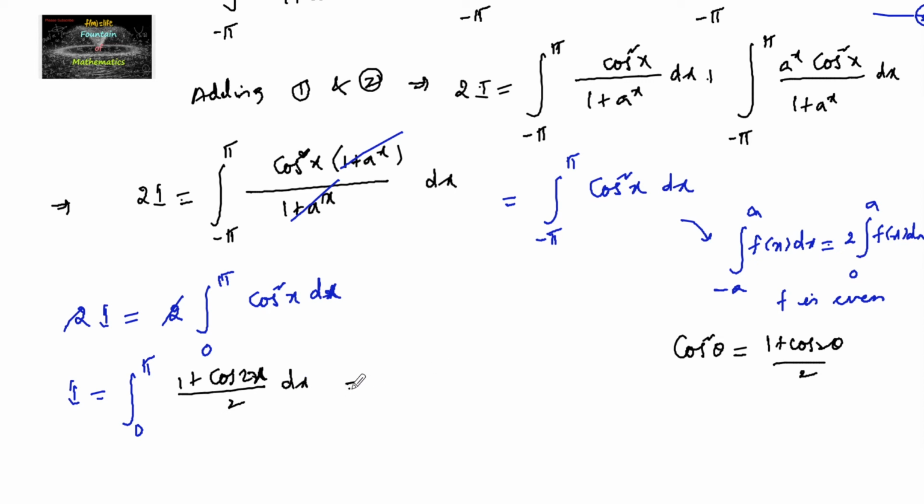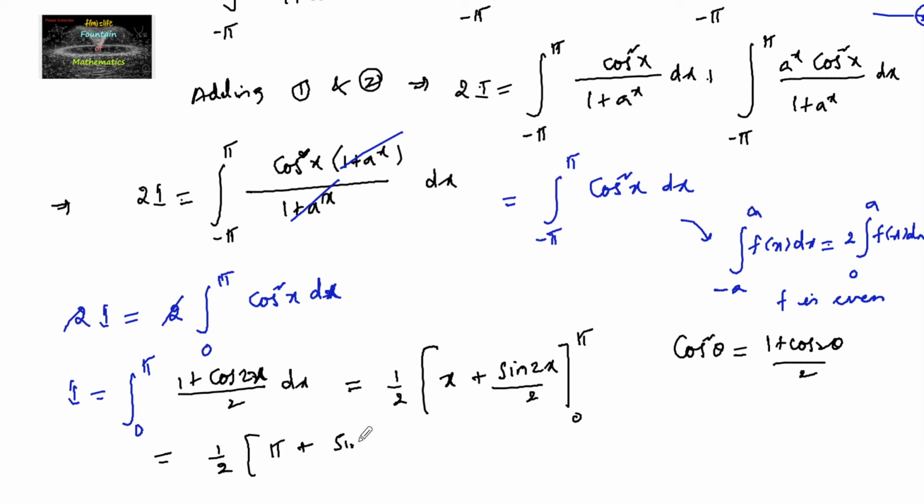So now let's integrate this one. 1 upon 2 is common, so the integration of 1 dx is x, and the integration of cos 2x is sin 2x upon 2, over the limits 0 to pi. So let's substitute the values. So 1 upon 2 times pi plus sin 2 pi upon 2 minus 0, and again sin 0 upon 2.